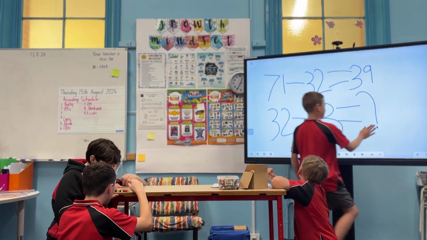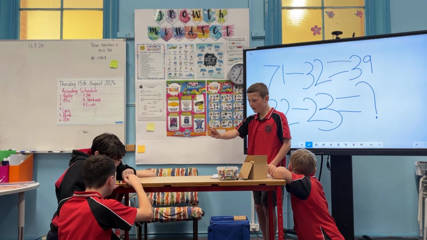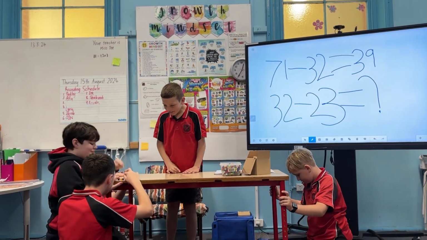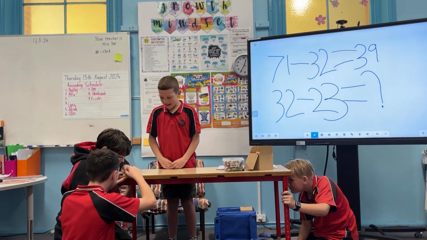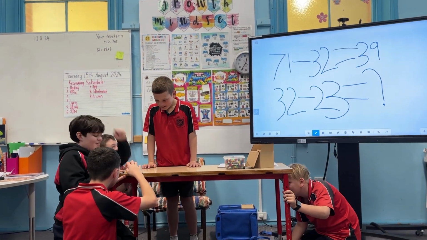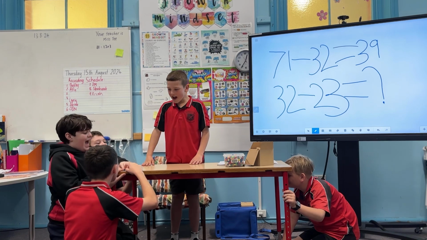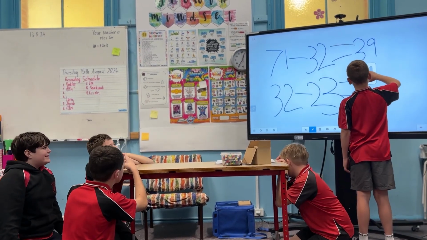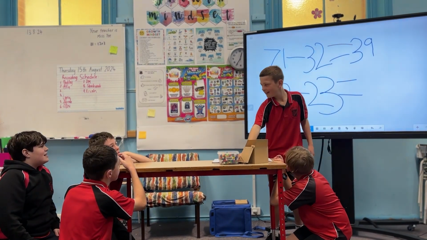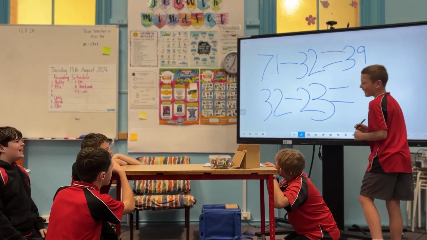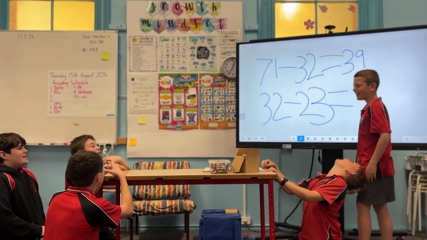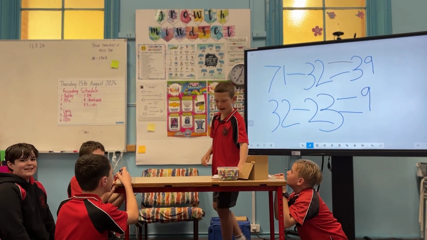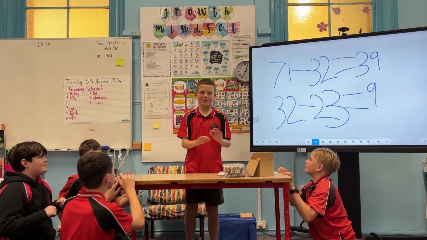Count. 1, 2, 3, 4, 5, 6, 7, 8, 9. You're so tall, Subtraction Sam. Okay. Now everyone yell out the answer. 9. Good job. Thank you for watching Subtraction Sam.